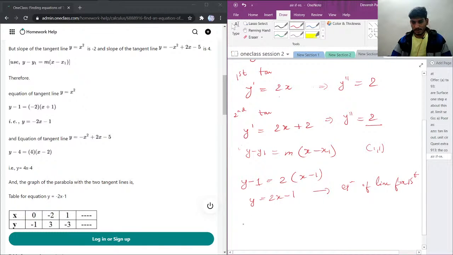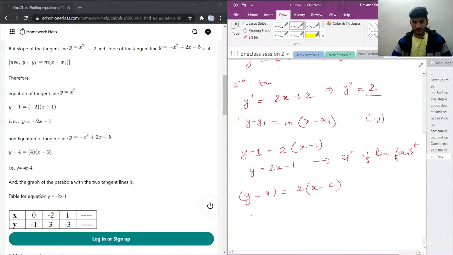Y minus 4 is equal to 2 times x minus 2. So this will become 2x, and this will become plus 2. 2x plus 2.